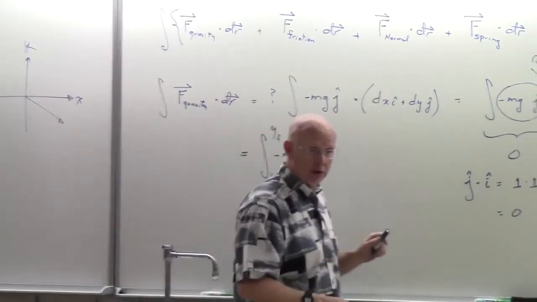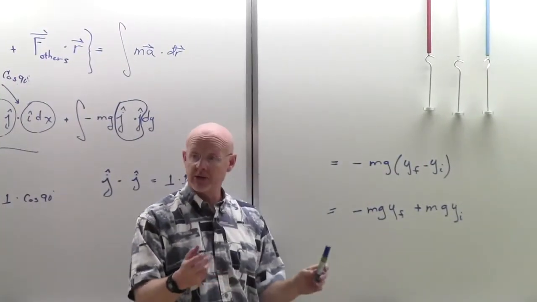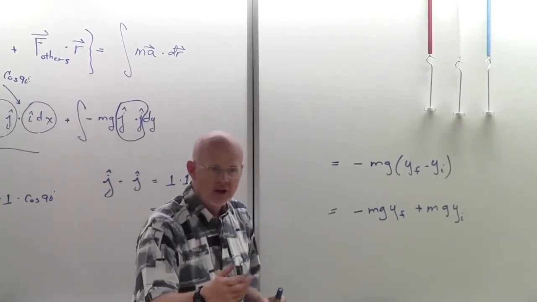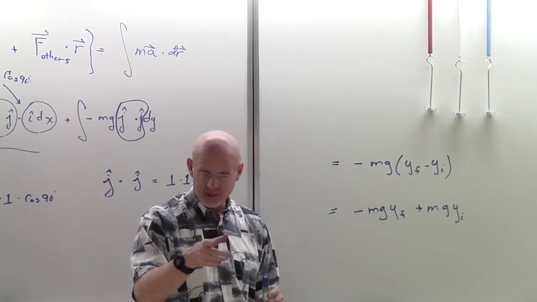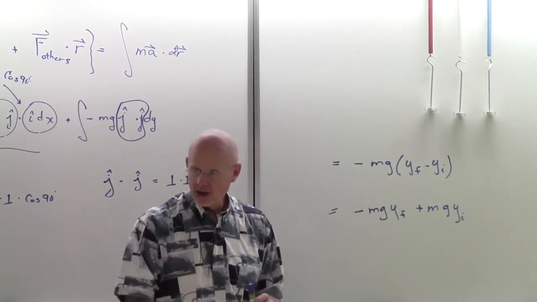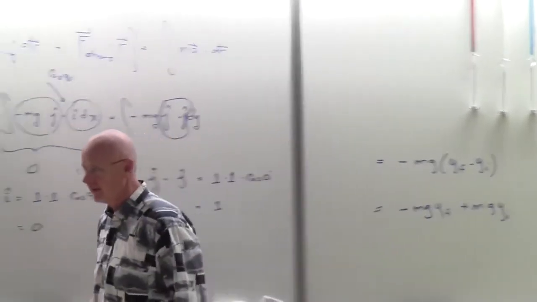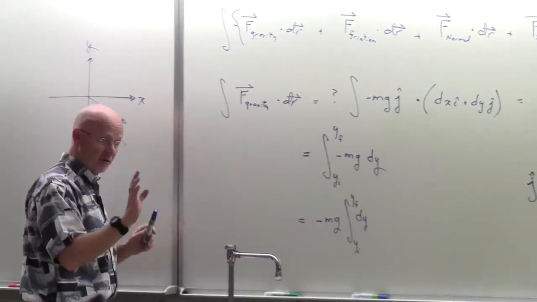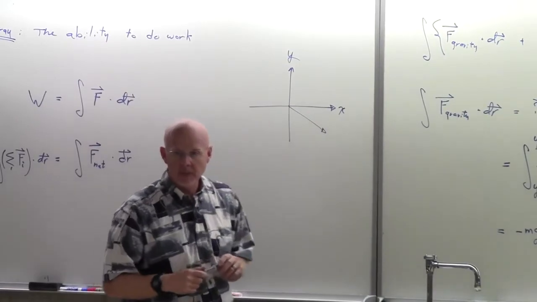So if you ever want to use the equation mgh, or now mgy, you need to make sure you call down negative and therefore up positive. Fair enough? Because this step is only valid if I call up positive and down negative.